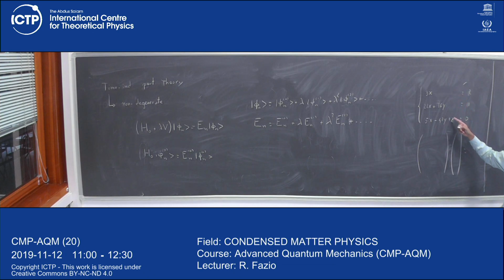So you see that if you have such a structure, you can solve it step by step. You don't need to invert the matrix. Of course you can invert it, it's fine. But is it clear that in this way you can solve it without getting the inverse of the matrix?